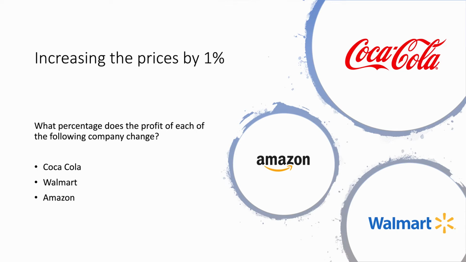That is, after they make the price adjustment, there's no change in demand. If they can do that, 1%, a tiny percentage of price change, what percentage does the profit of each of these companies change? So Coca-Cola, Walmart, and Amazon. Feel free to pause the video and write down your best guess answers.